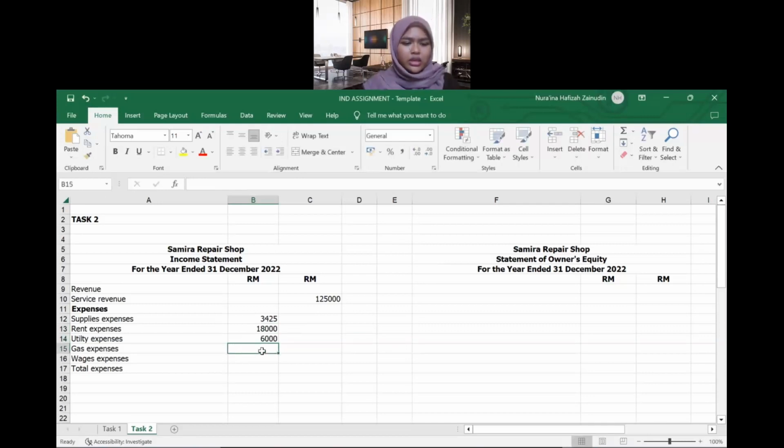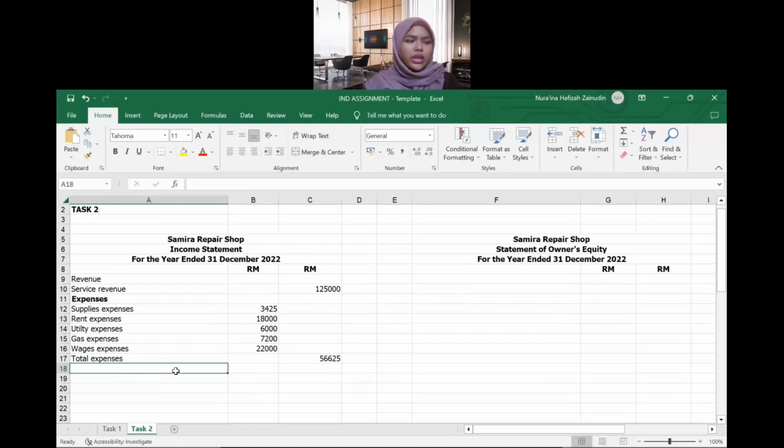For gas expenses, we have 7,200. And the last one is wages expenses. We have 22,000 ringgit Malaysia. The total of expenses is 56,625 ringgit Malaysia.